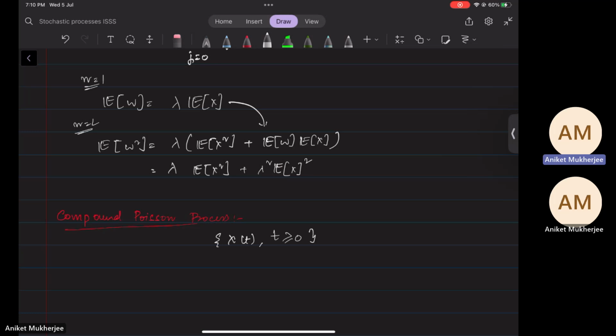Now this is said to be a compound Poisson process if you can write X(t) as the sum of i equal to 1 to N(t) of X_i, where N(t) is a Poisson process.